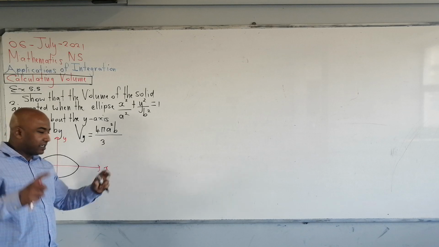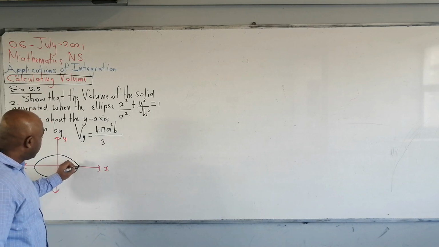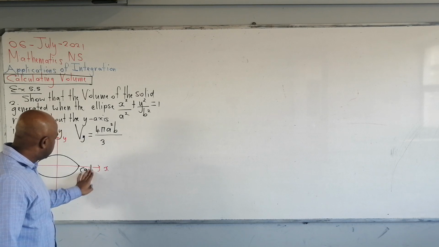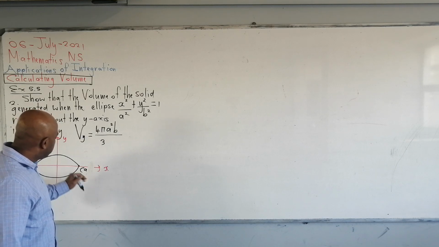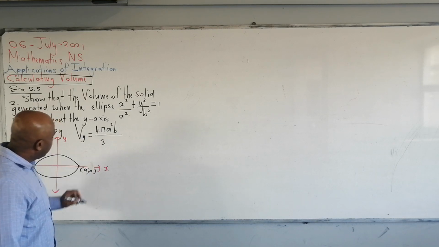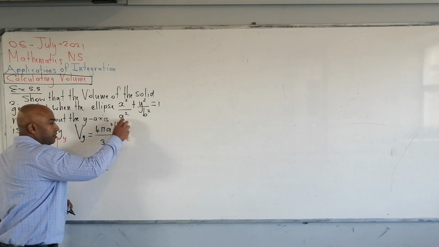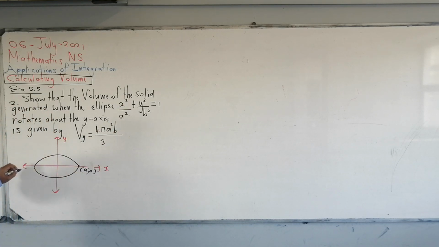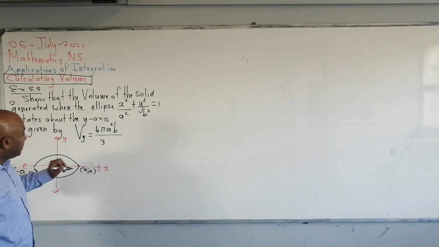Right, so your ellipse is an oval shape. So we know that this is a, 0. So x squared over a squared, a will be plus a, minus a. Those are your x-intercepts.